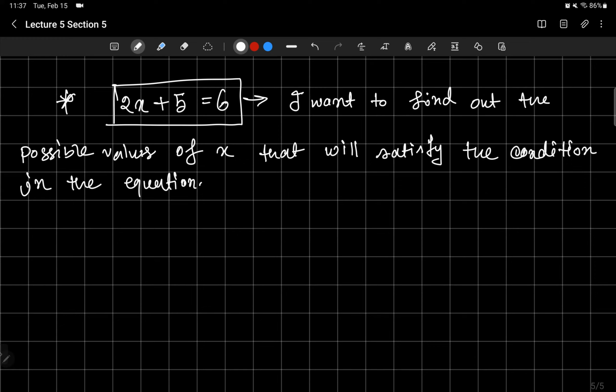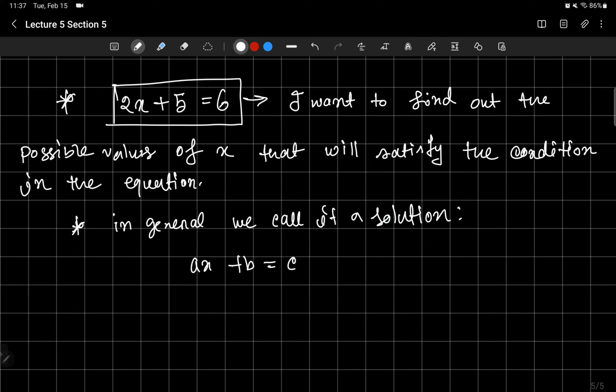This type of thing is called a solution. In general, let's say for any equation like this, ax plus b equals c, any x that satisfies the equation will be called a solution.